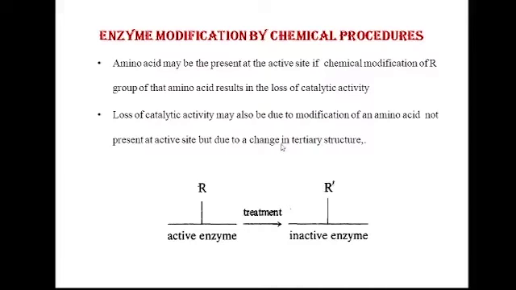But there is a limitation to this method, and that is that the loss in catalytic activity of the enzyme may also be due to modification of an amino acid which is not actually present at the active site, but which is responsible for the disturbance or change in the tertiary structure.